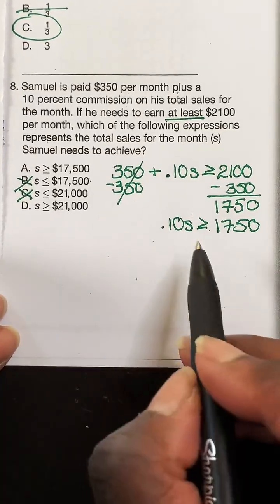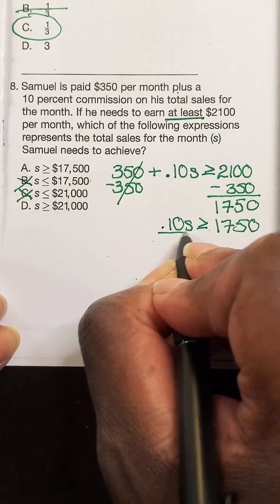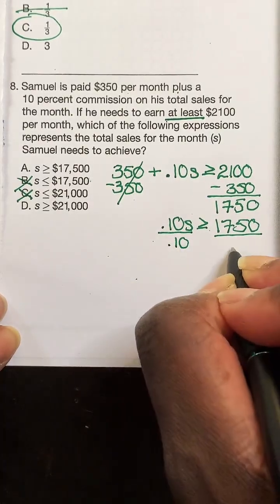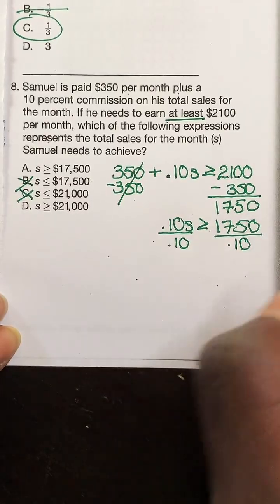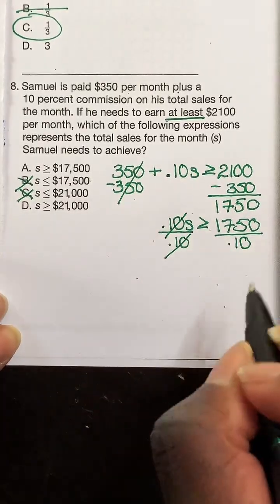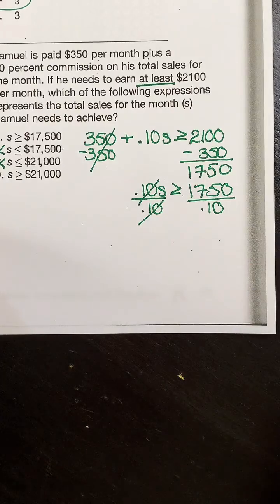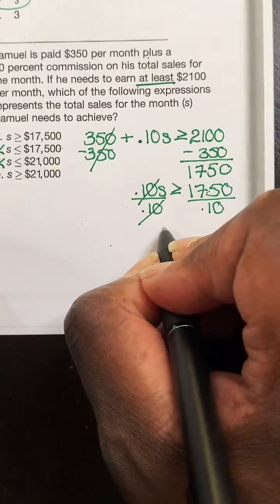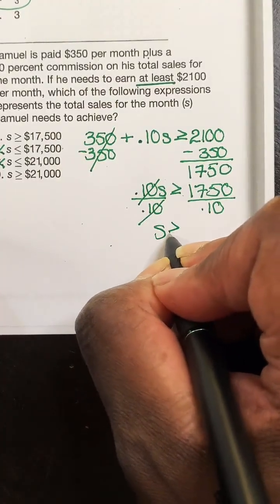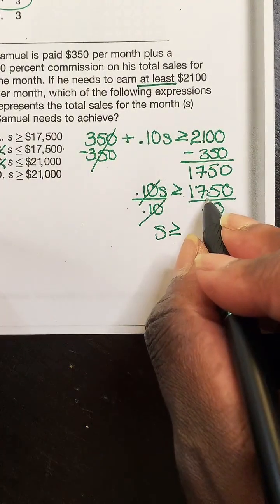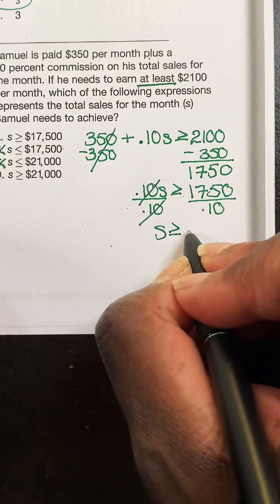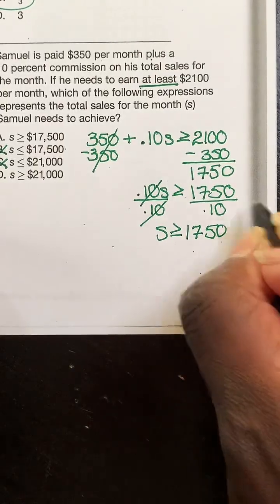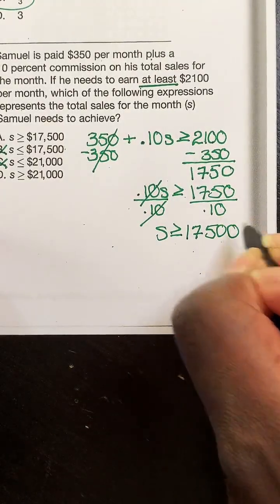Now, 10%. We're going to divide that 0.10 or that 0.1. Anytime we divide by a decimal, we are making things bigger. So that means your S is going to be greater than or equal to not 1750, but 17,500, because we're going to add the other 0.